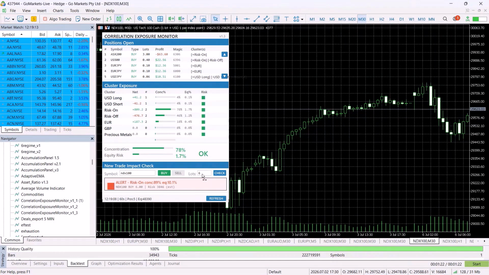So what we might do is reduce the size, and this says caution. So we check again. It still doesn't like it at all. This gives us an idea, on the basis of this risk on correlation, risk on concentration, as to whether we're in a good place or not.